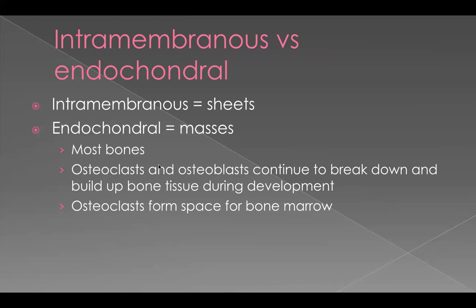So we have osteoclasts, osteocytes, and osteoblasts. I know it's going to be a little confusing. They continue to break down and build up bone tissue during development. And again, we'll talk about homeostasis, how the osteoclasts break down the bone and the osteoblasts build up the bone. And that helps with the homeostasis of calcium.